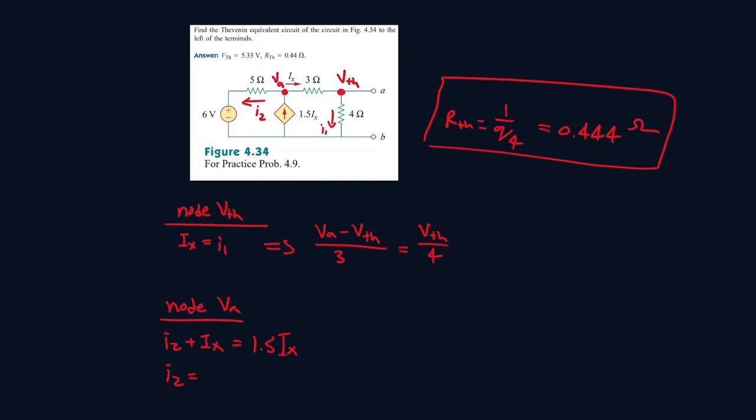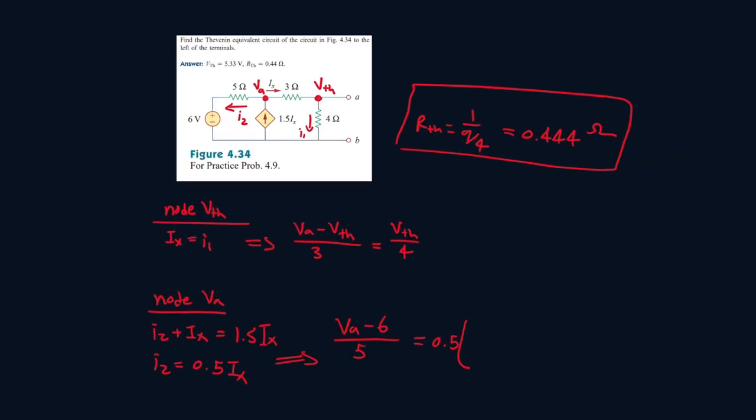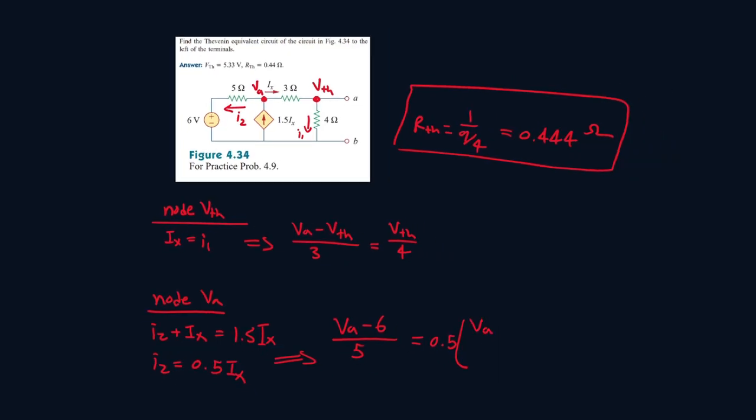So I2, let's bring this to the other side. So 1.5 IX minus IX, that's 0.5 IX. So I2 is VA minus 6 all over 5, and this will be equal to 0.5 times VA minus VTH all over 3.